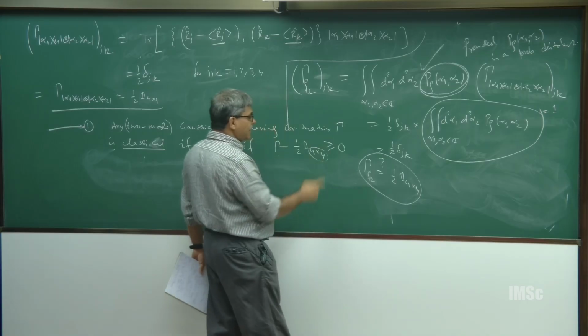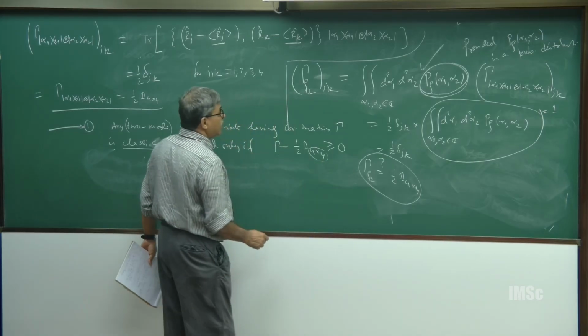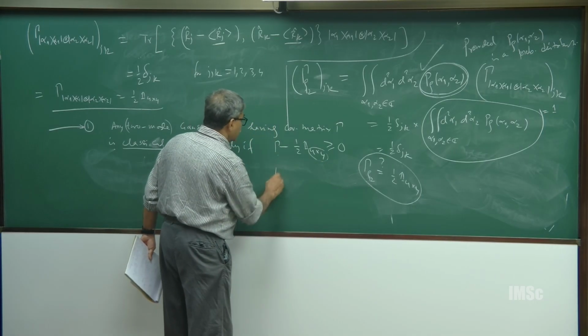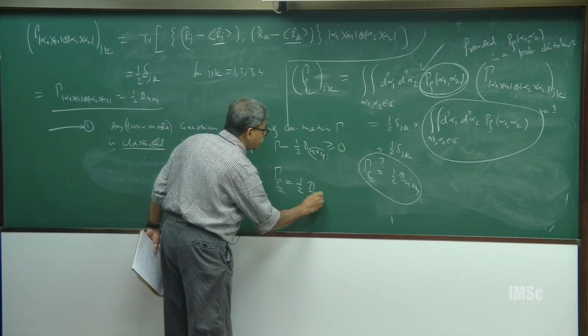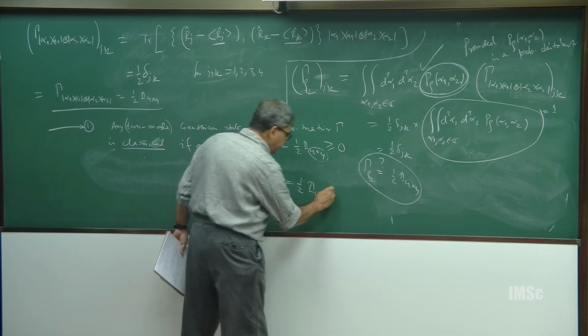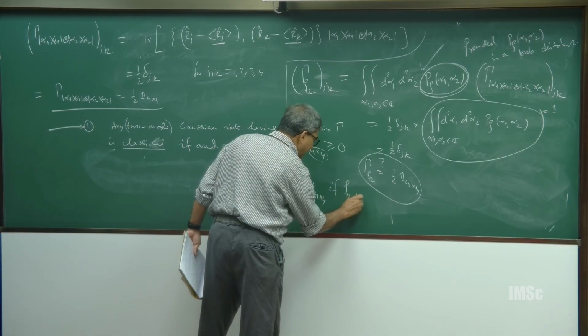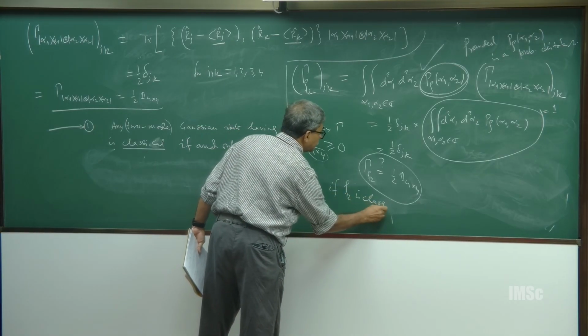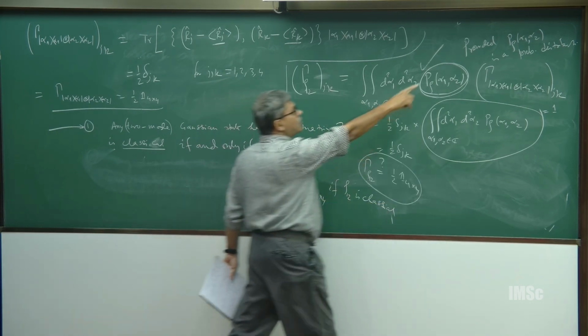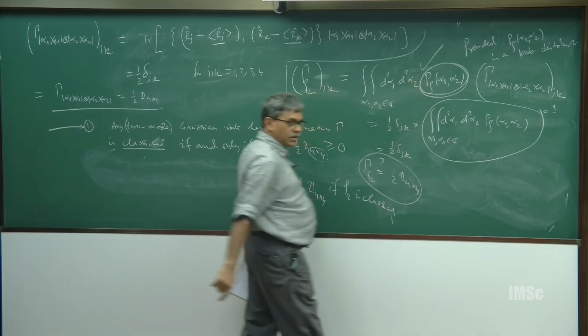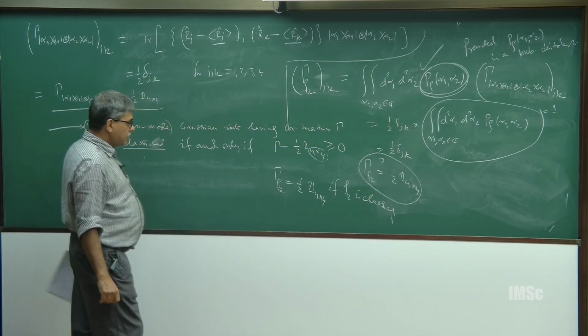This means that gamma of rho 1 2 is equal to half identity 4 cross 4 if rho 1 2 is classical, because then this is a probability distribution and you can do this.